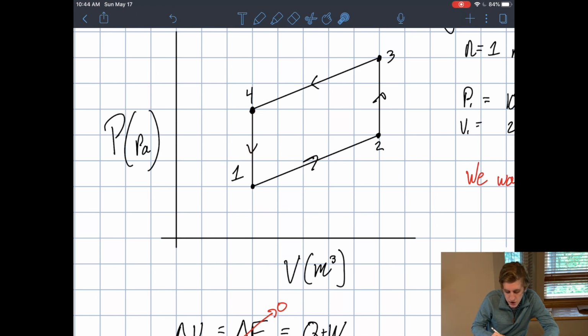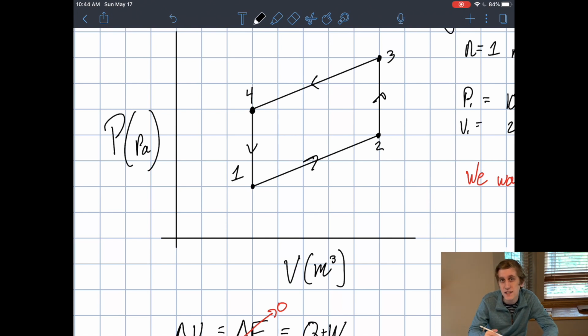However, there is work done during the process that takes the gas from point 1 to point 2 and the process that takes the gas from point 3 to point 4. Now, one thing we could do is calculate the area under these lines separately, but it turns out there's a simpler solution.